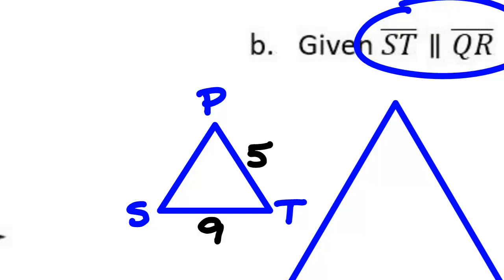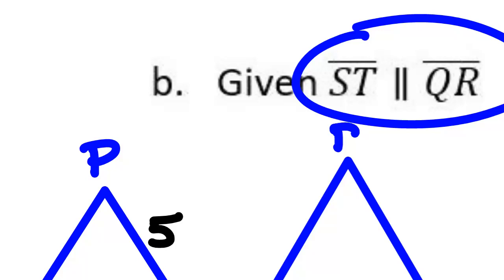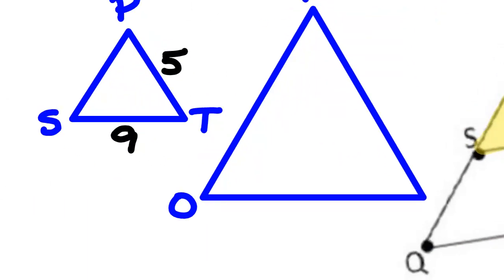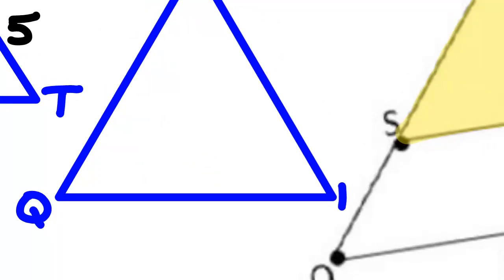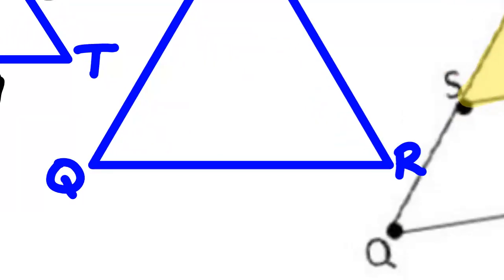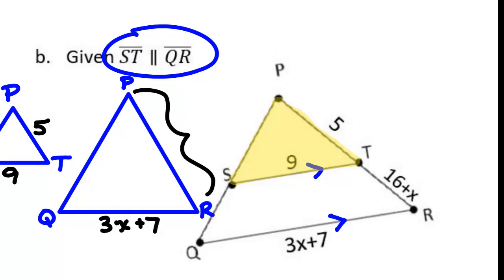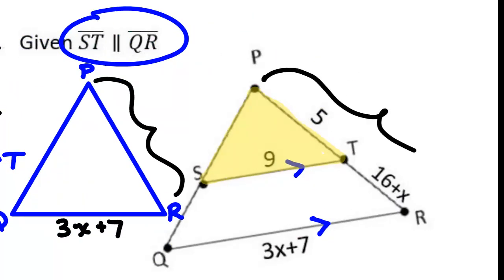If I'm looking at the larger triangle, we still have P up at the tippy top, but now these two bottom vertices are Q and R. And based on the picture, we know that segment QR is 3x plus 7. Then we still need to find PR. This length goes all the way from point P down to point R.